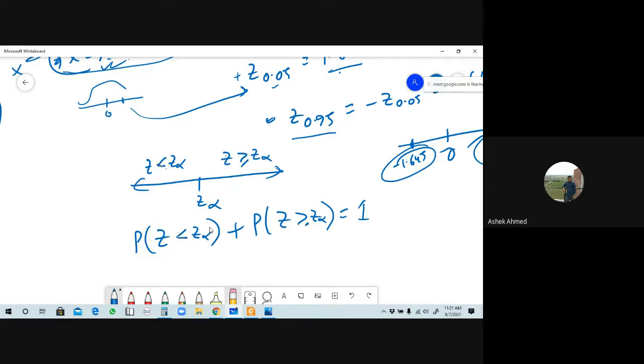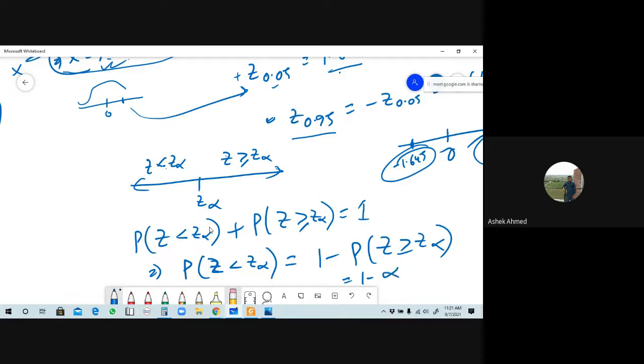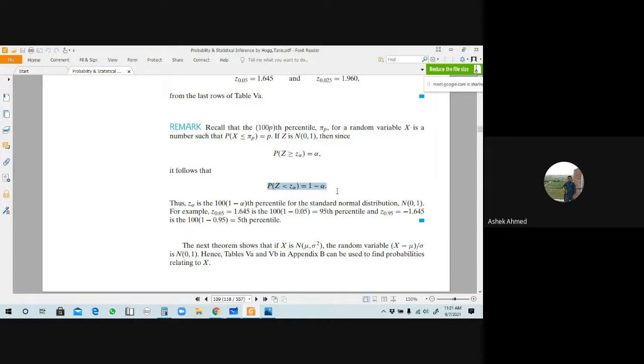Okay, so from here we can say that the probability of capital Z less than z suffix alpha will be 1 minus the probability of capital Z greater than z suffix alpha, but we know that the probability of Z greater than z suffix alpha is alpha, so that will be 1 minus alpha. That is what is written here, please have a look at this formula. Okay.